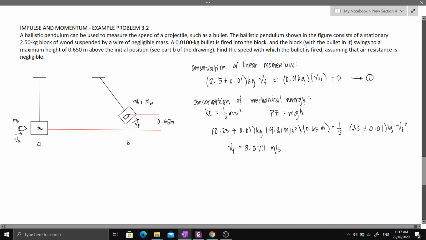And the initial velocity is equal to 896.3461 meters per second. So these are the answers.